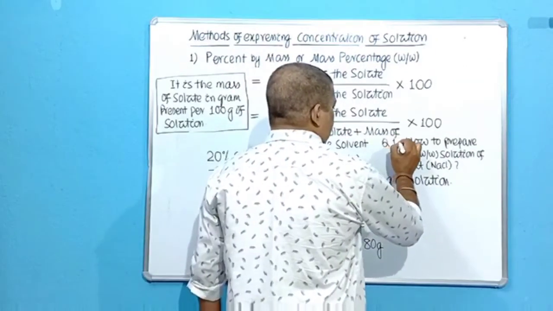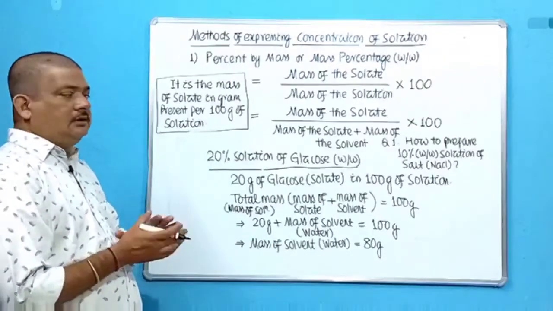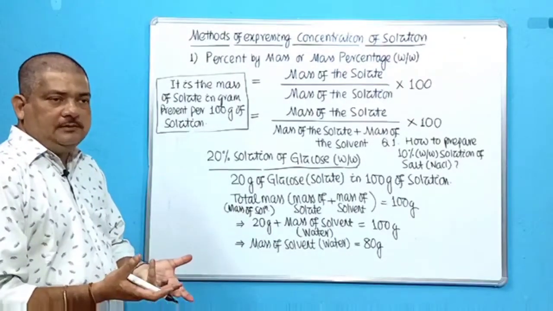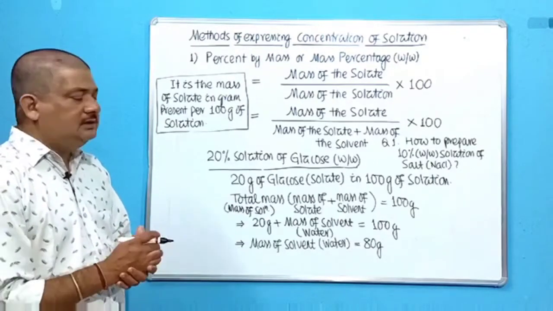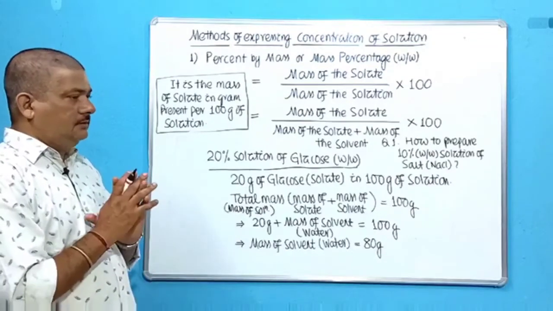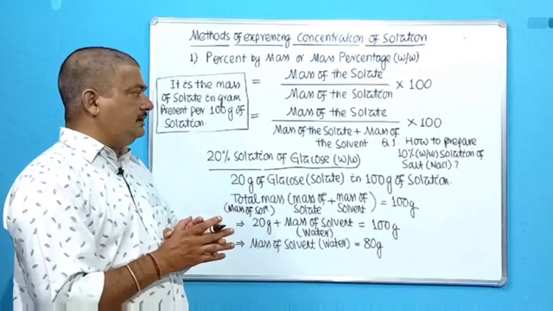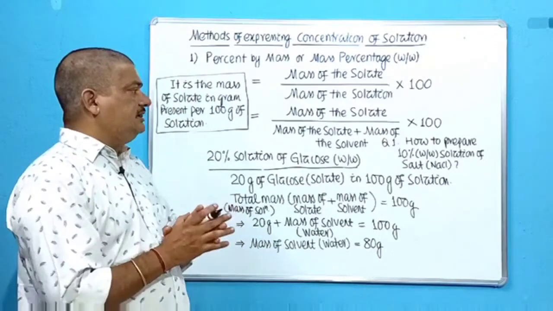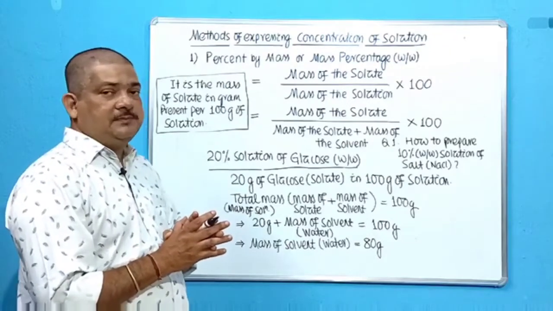Question 1 for you. Suppose you want to prepare a 10% solution of sodium chloride. So what are the quantities of, here the solute will be sodium chloride, salt, and solvent will be obviously water. So what are the amounts or mass of sodium chloride and water to be taken so that the solution becomes 10% mass percent, that is weight by weight percentage of solution.